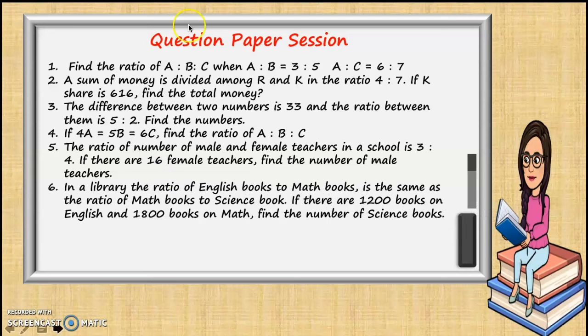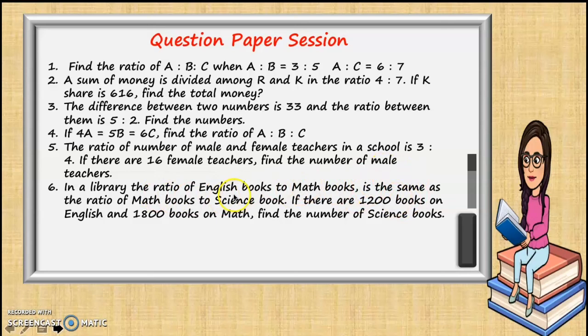In a library, the ratio of English books to math books is same as math to science. If there are 1200 books on English and 1800 on math, find the number of science books. Now for this, how you have to start the problem is, let English is to math is to science.